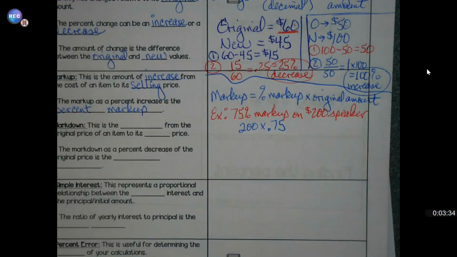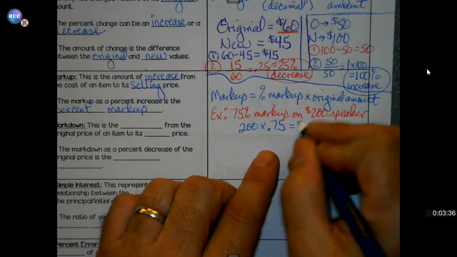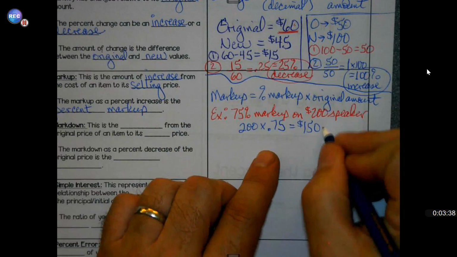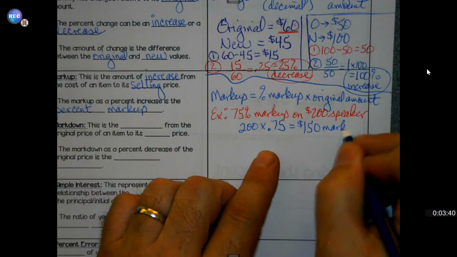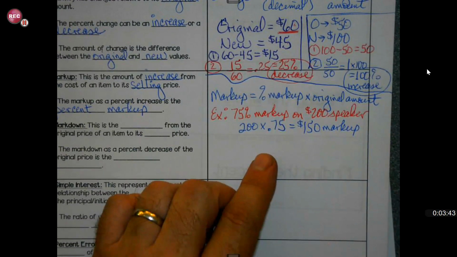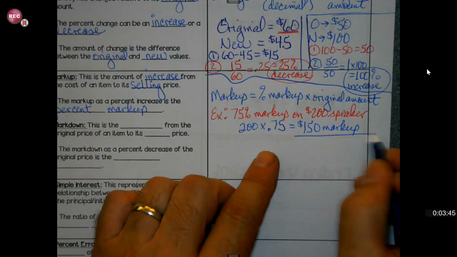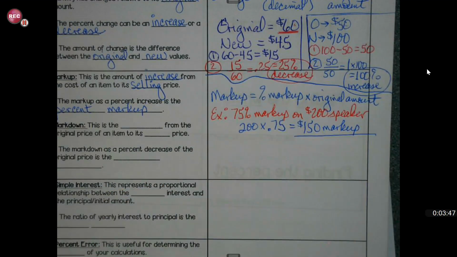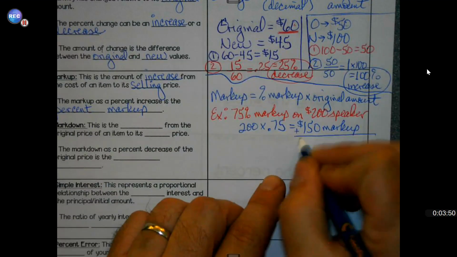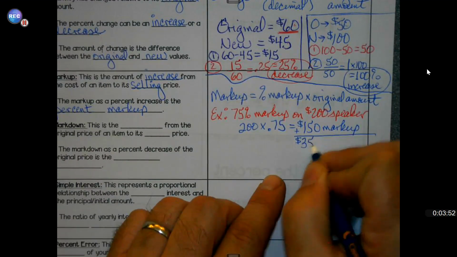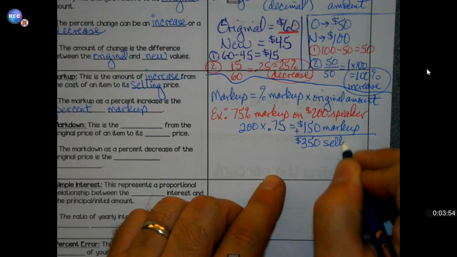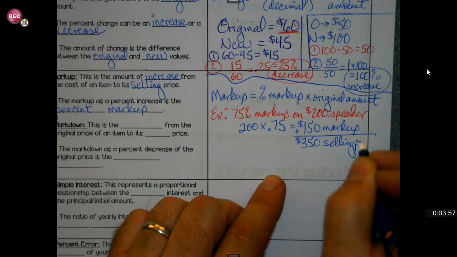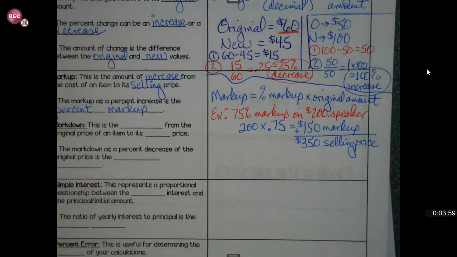So my markup would be $150. But then if I wanted to know, let's say, so what am I going to sell it for? I'd sell it for $350. Because I take in what I paid for it plus my markup.